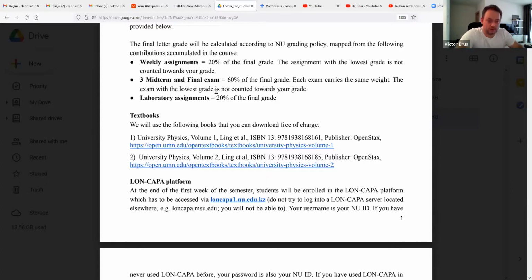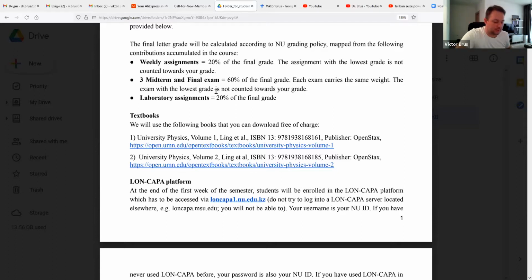So how does it work? You make a screenshot of your LongCAPA problem, a screenshot of your solution submitted to LongCAPA which is not accepted, and also a copy of your step-by-step solution written by hand on paper. Please write very clearly so that I and the other instructors can clearly understand what is written there.